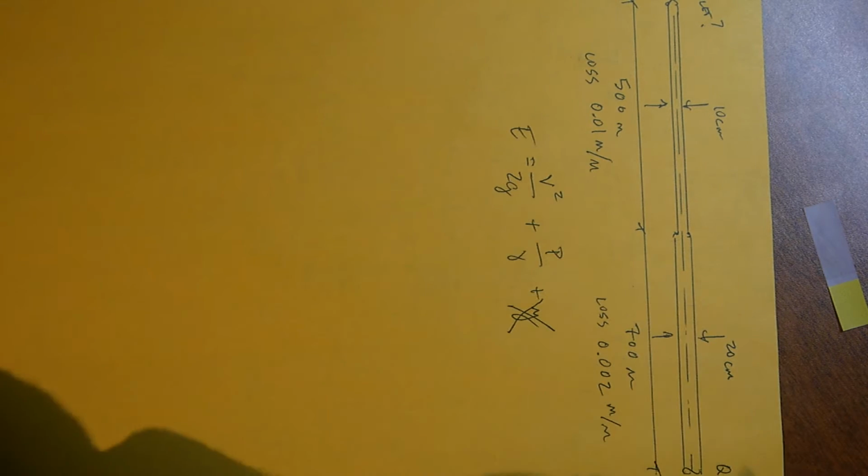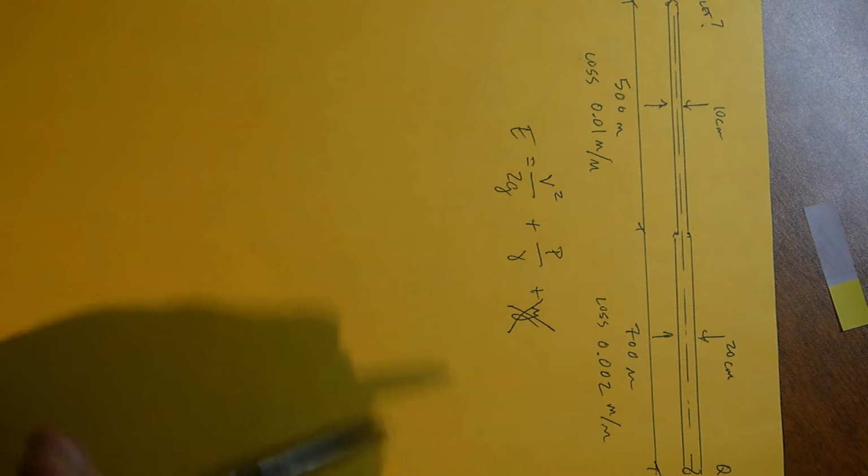The other thing is we need to know what's going on at the inlet, and we only really know what's going on at the outlet. The discharge rate is going to be the same throughout, but we don't know what's going on with the pressure.